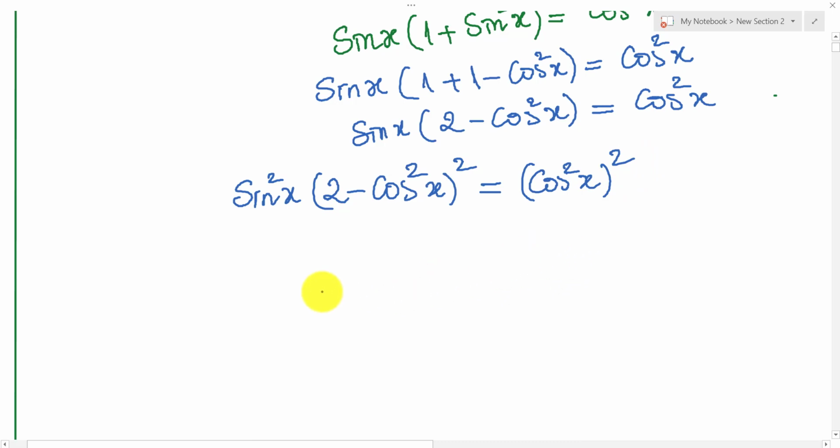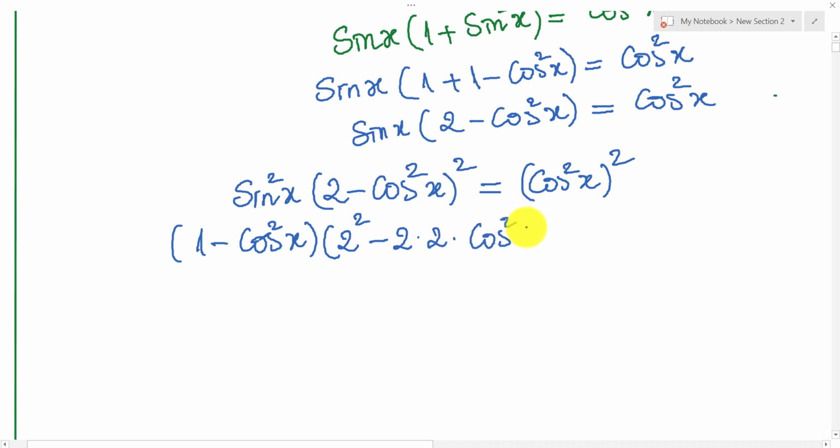And then this sine square of x is equal to 1 minus cosine square of x, and this equals 2 squared minus 2 times 2 times cosine square of x plus cosine square of x all squared, which is cosine power 4 of x.